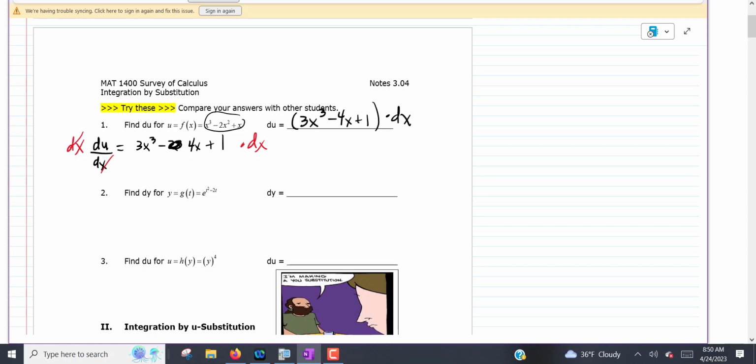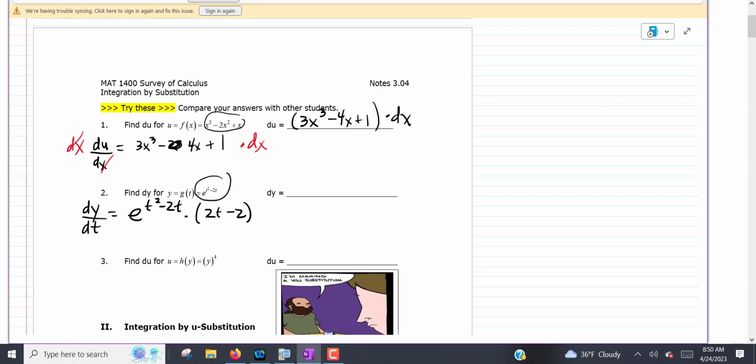The next one you start by finding dy over dt. When we do a derivative of an exponential, it's itself, and then times the derivative of the exponent, which would be 2t minus 2. You really should write that 2t minus 2 in parentheses. If you didn't do that, you need to do that.